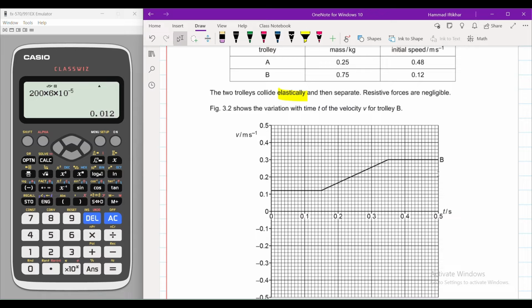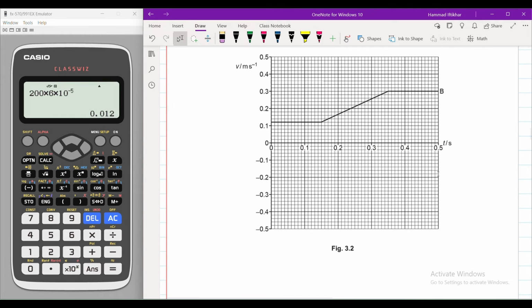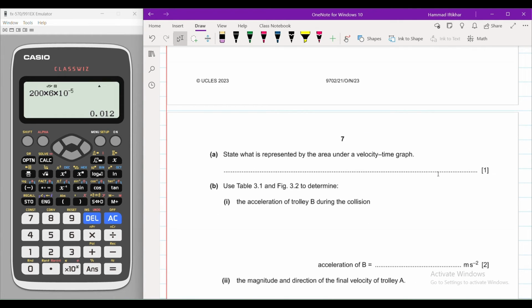Okay. State what is represented by the area under the velocity time graph, that is the displacement. Actually, it's the net displacement, but displacement is also correct.